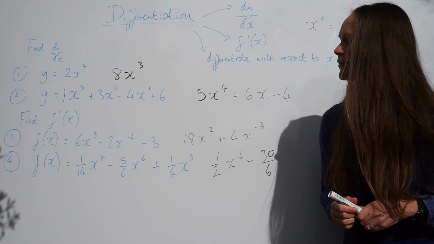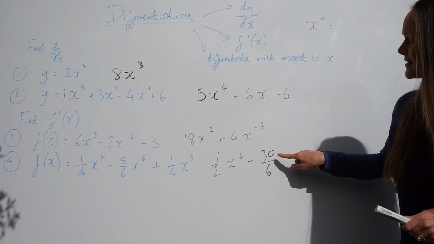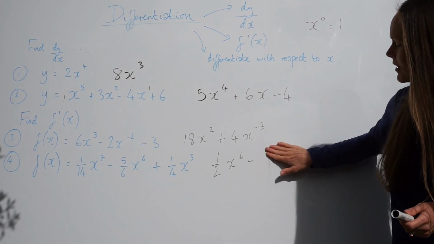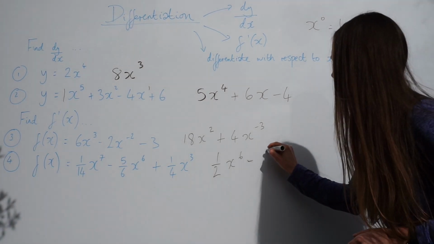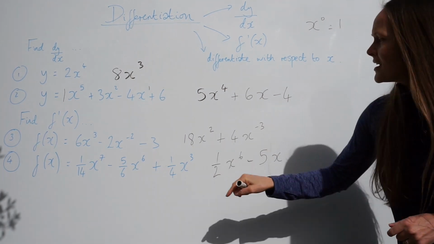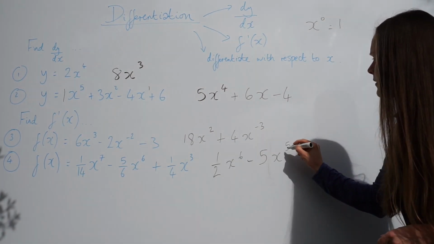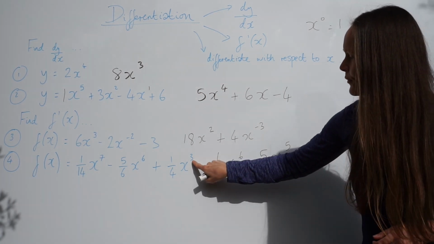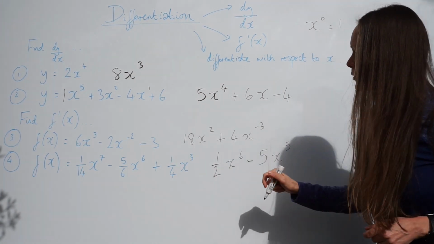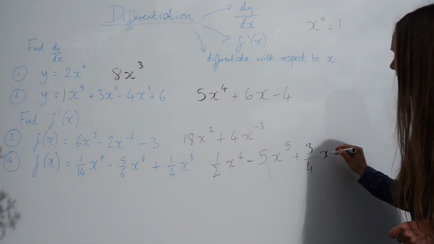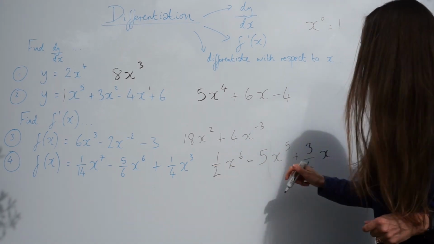But again, we can simplify this. 30 over 6 is the same as 30 divided by 6, which is 5. So I can write minus 5 instead. Subtract 1 from the number 6, and we have 5. And the last part, 3 multiplied by positive 1/4 is positive 3/4. And 3 minus 1 is 2.